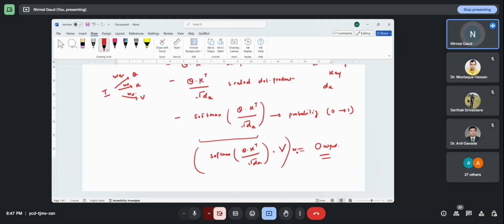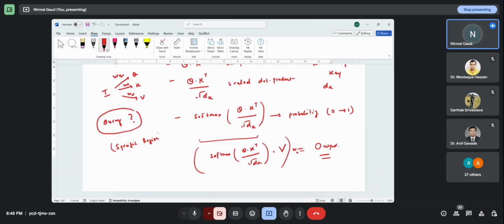Again you will have a question, sir, this query, what will the query be in an image? Can you please tell me? The query in an image will be a specific region.